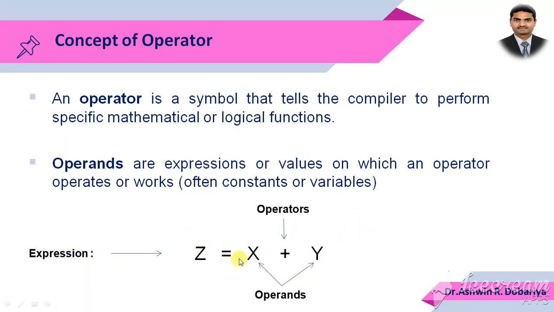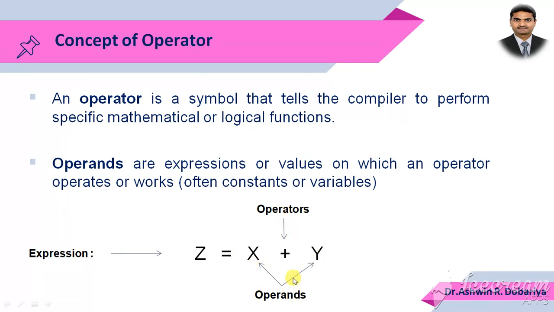In C language, we write various types of expressions. If we use arithmetic operators in an expression, it is an arithmetic expression. If we use logical operators, then it is a logical expression. If we use relational operators, then it is a relational expression. So an expression is a combination of operators and operands.